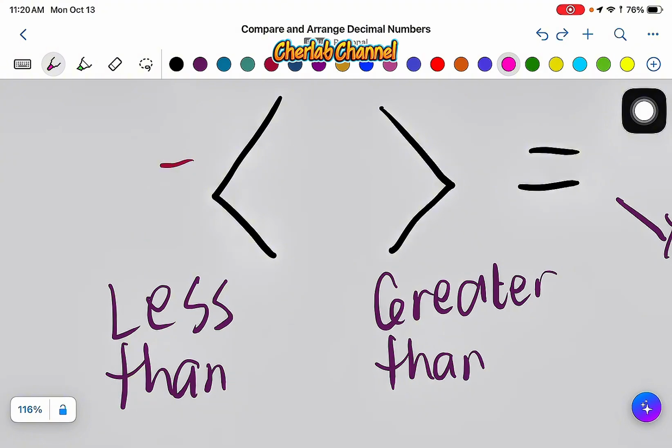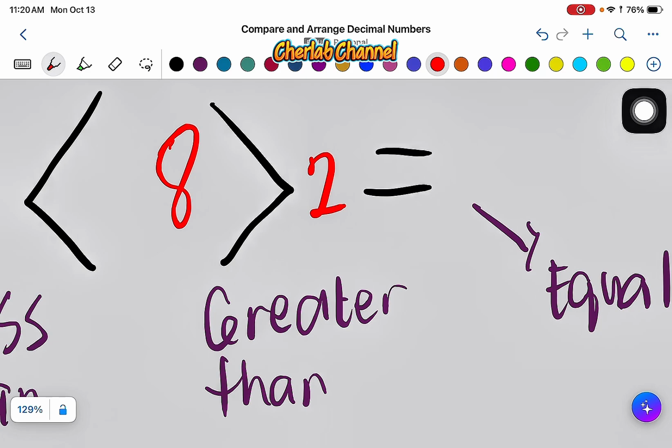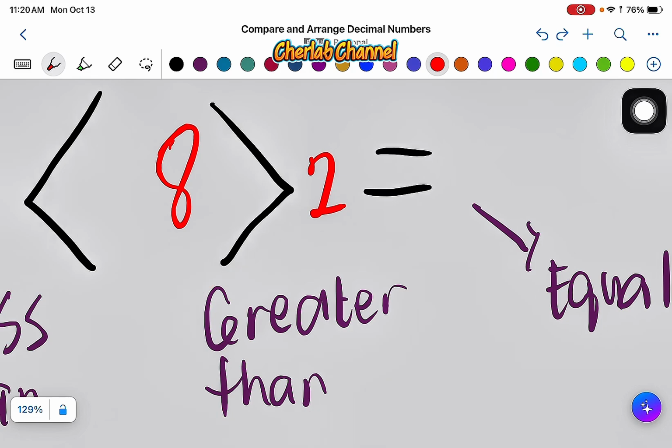Let's say we have the other symbol, greater than. We have 8 and then 2. So that means 8 is greater than 2. Mas mataas si 8 kaysa kay 2. Saan nakatutok yung kanyang dulo? Kay 2. Because 2 is lower than 8.